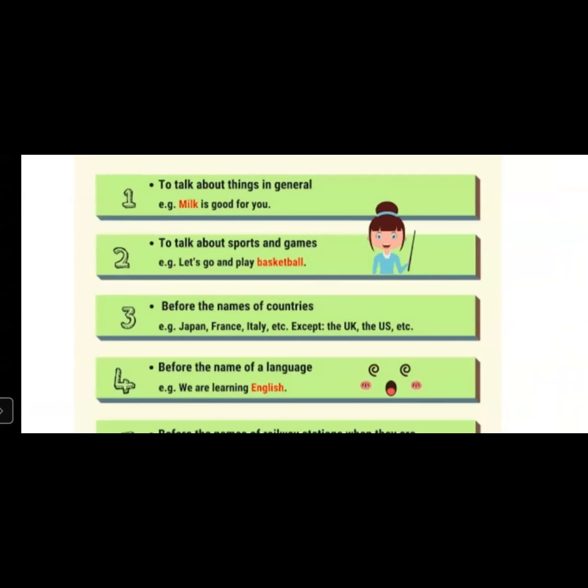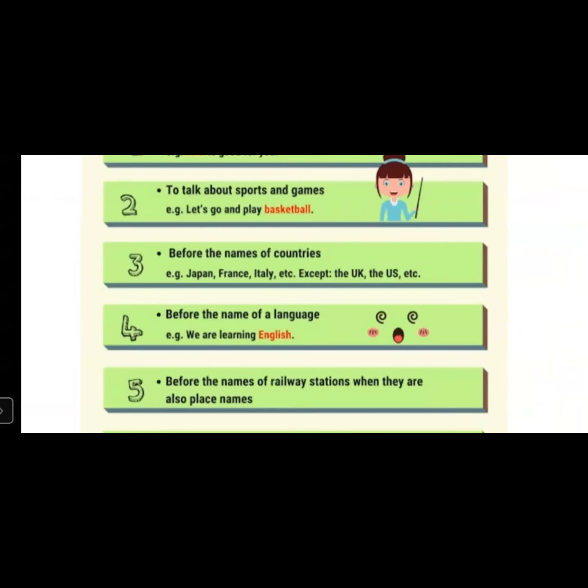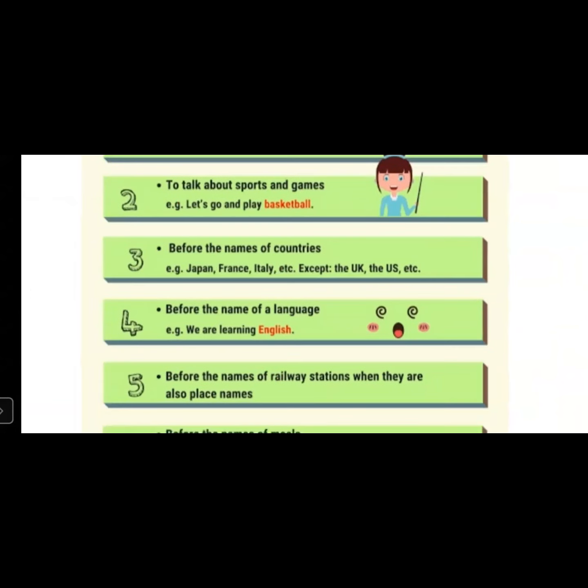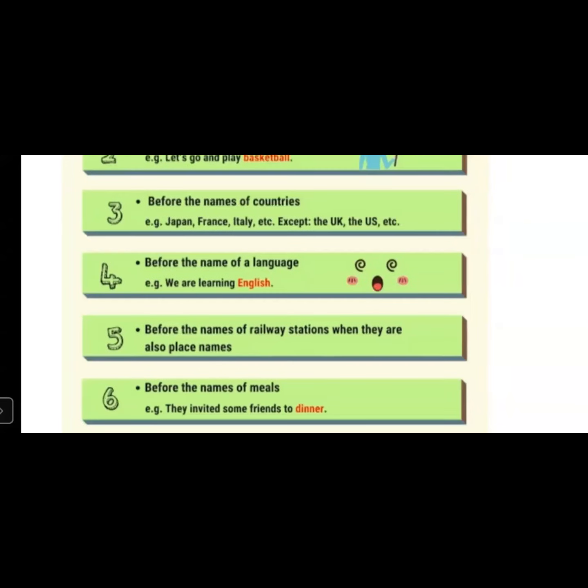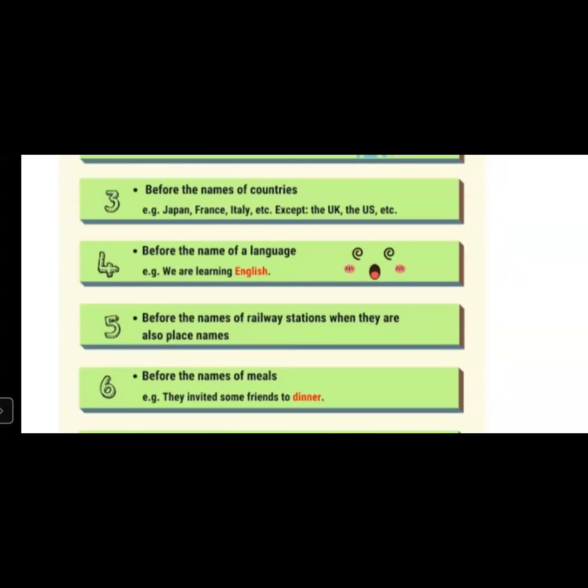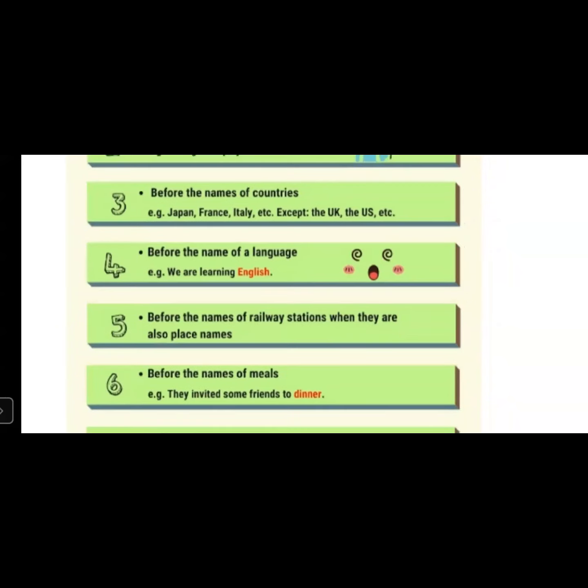Then before the names of languages. Are you saying the English? No, that's wrong. You should say only English. Before the names of railway stations, when they are also place names. Then before the names of meals, the lunch, the dinner, we are not using the or a for the names of meals.